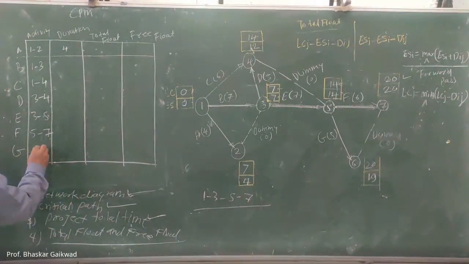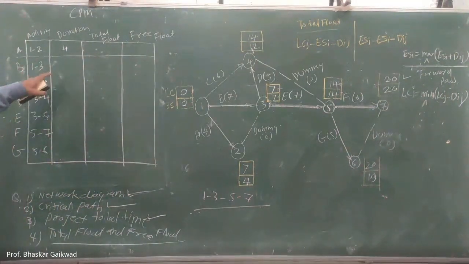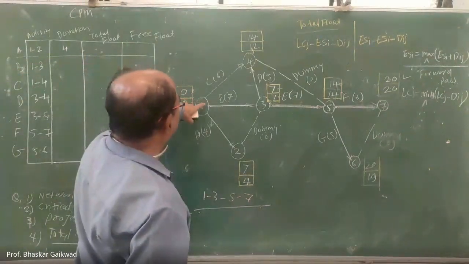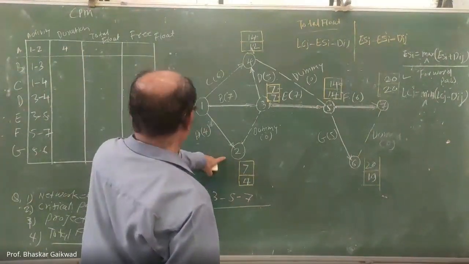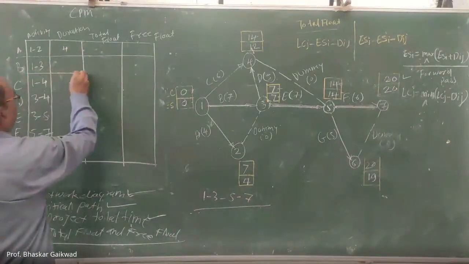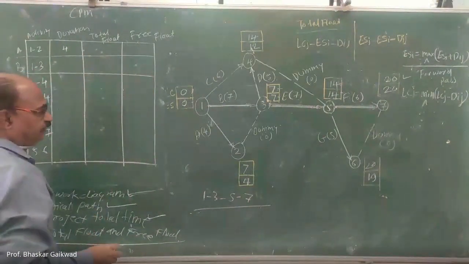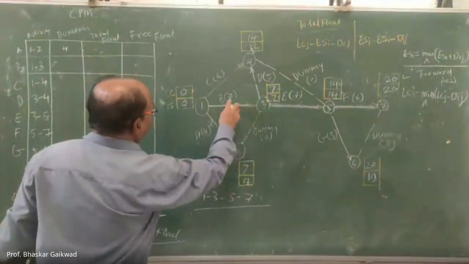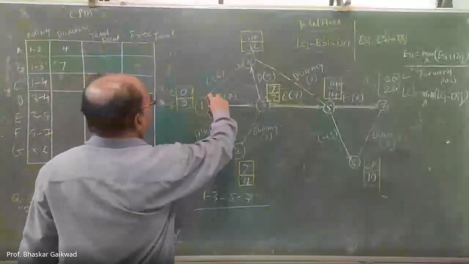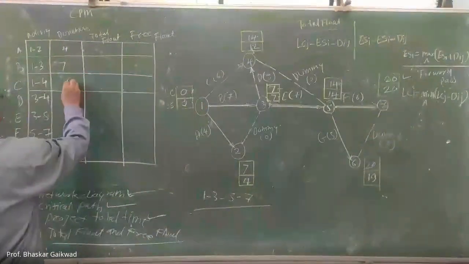So durations as usual. Here 1 to 2 activity, what is that duration? Duration is 4. Then 1 to 3, B is 7. Then C, C is 6.